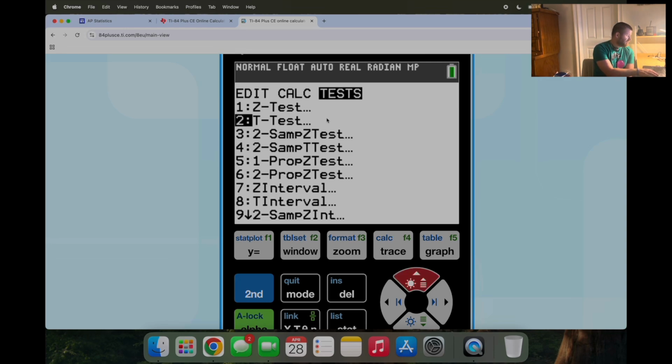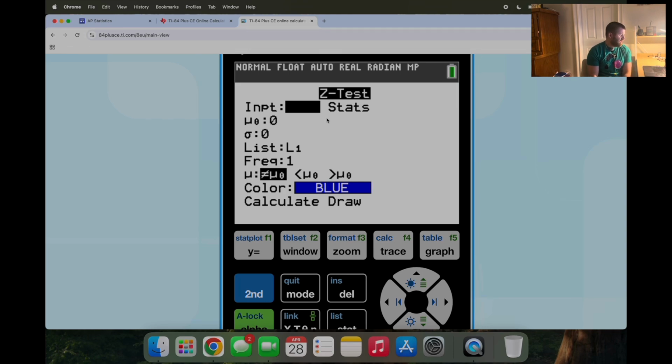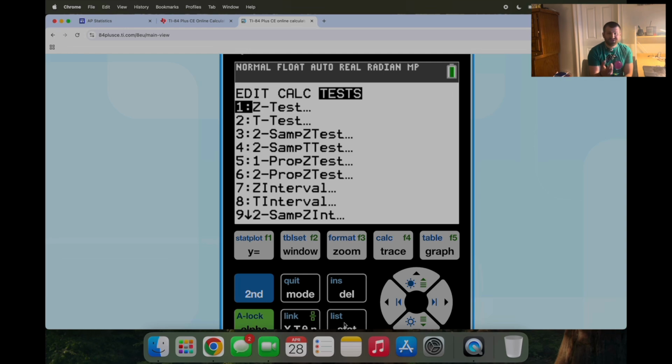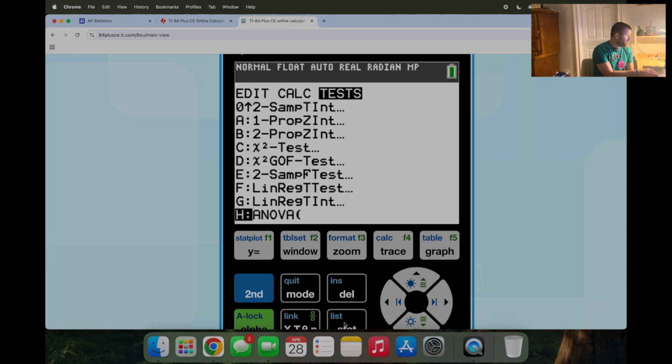A z-test here itself, if I click on this, is going to ask me for a mean and a population standard deviation. So be very careful when you're in this menu and make sure that you are selecting the necessary things that you need. Same thing with a z-interval. A z-interval is for a mean. If you want the one proportion z-interval, that is down here at the bottom.